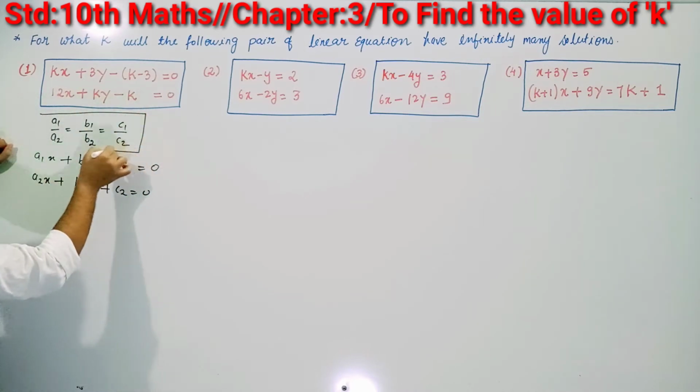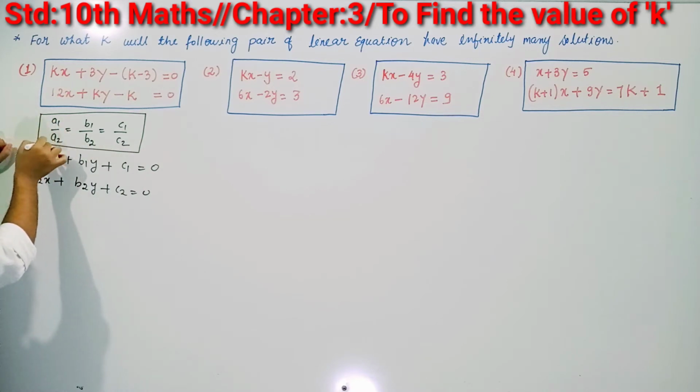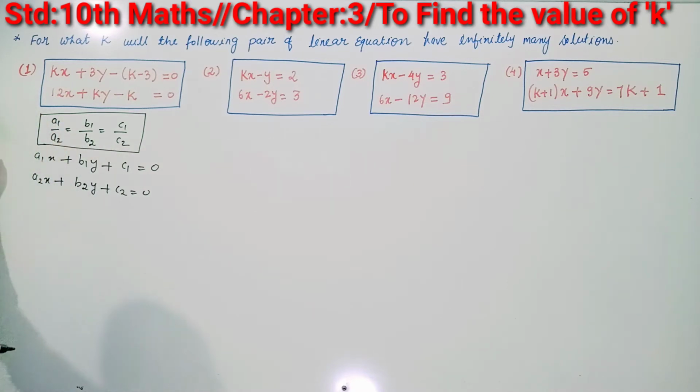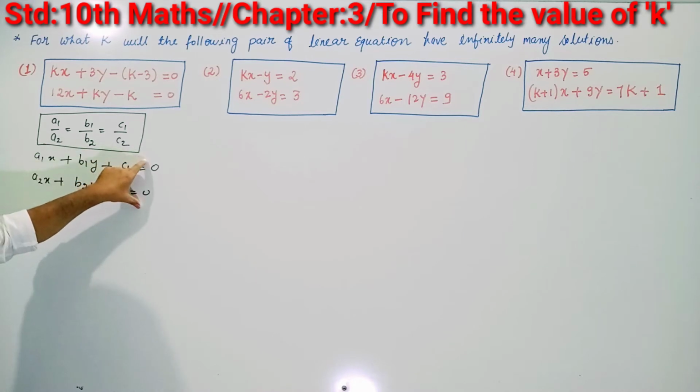This is the general form of a pair of linear equations with two variables having infinitely many solutions.